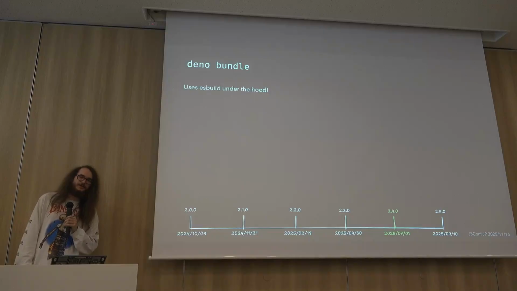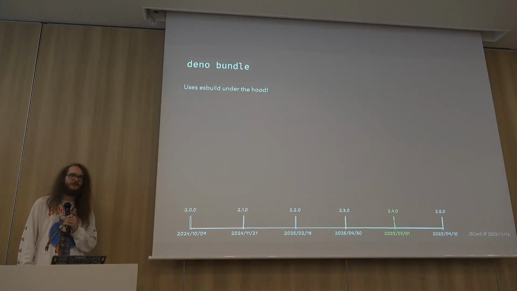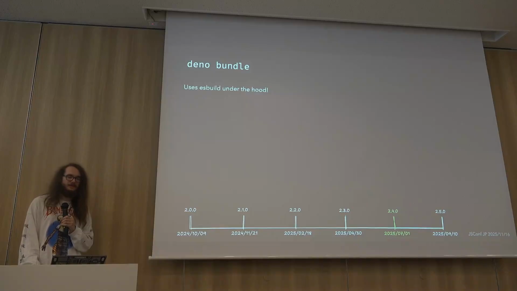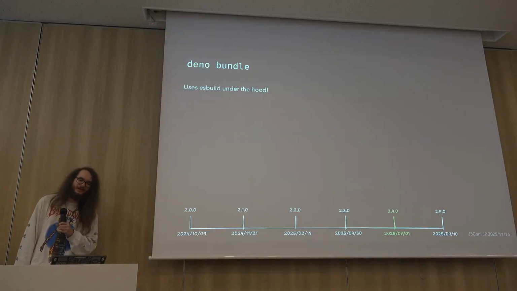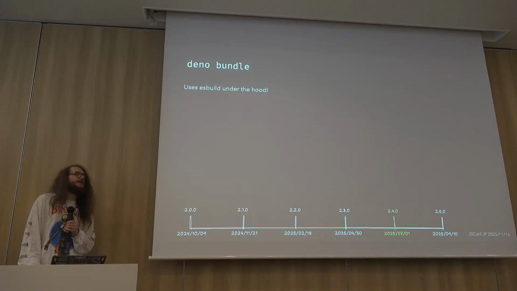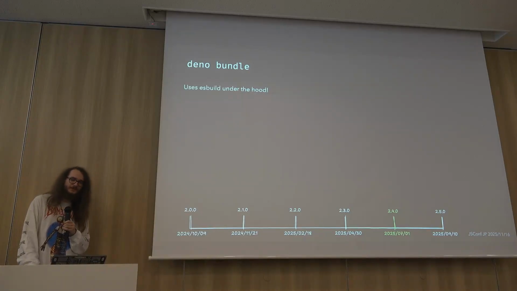For us before, Deno bundle was just bundling stuff up, no transpilation or making more efforts towards being like browser bundling. It's just get all the files, put them in one file in a single place, and output that as a single file. But people were confused about that, and in the end we decided to remove it for a couple of versions, and then now we brought it back.